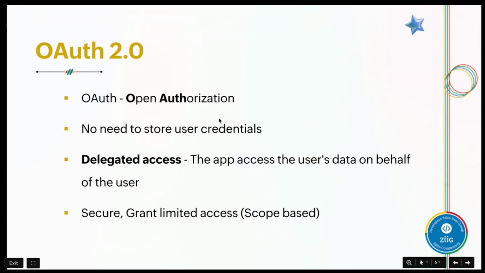OAuth 2.0 is one of the industry standard authorization methods which is widely used nowadays. With OAuth 2.0, there is no need for the users to provide their user credentials. Instead, OAuth 2.0 follows an approach called delegated access, wherein the app itself accesses the user's data on behalf of the user.